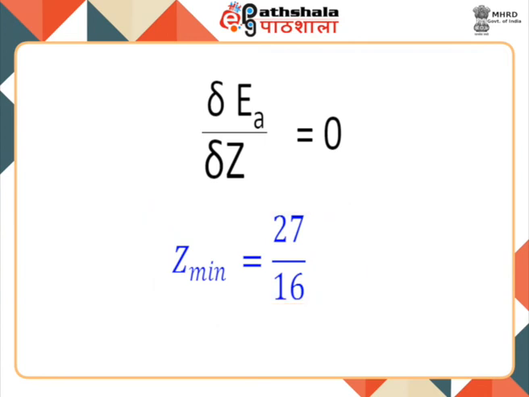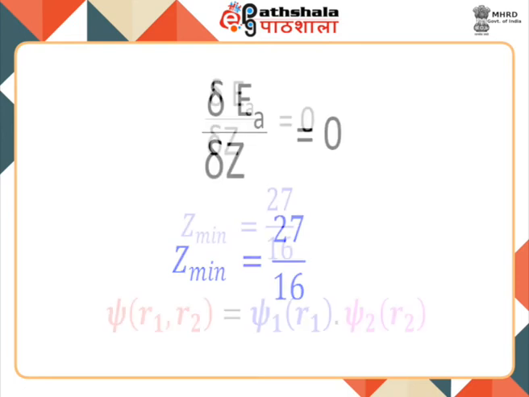Also, we know that helium atom is a 2 electron 3 body system, while hydrogen is a 1 electron 2 body system. But if we ignore the inter-electronic interaction in helium atom, the ground state wave function for helium atom can be taken as product of individual electron wave function. That is, it can be approximated as product of individual hydrogen-like 1 electron wave function as shown in equation 19.